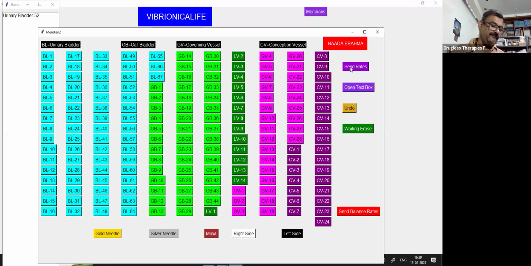So we can see the gallbladder meridian, 30 C potency: headache, eye problem, ear problem. I already told you in which combination what remedies and meridians are to be added, and how easily we will come to know. But in case it is not added, such cases might also be there.